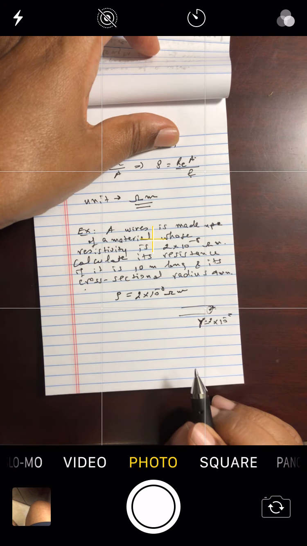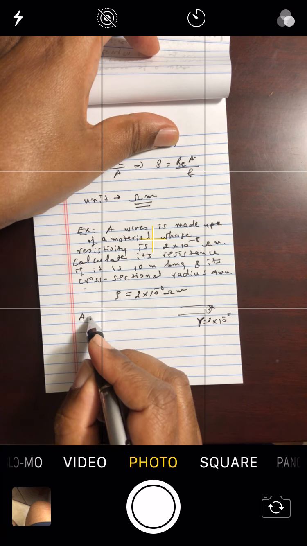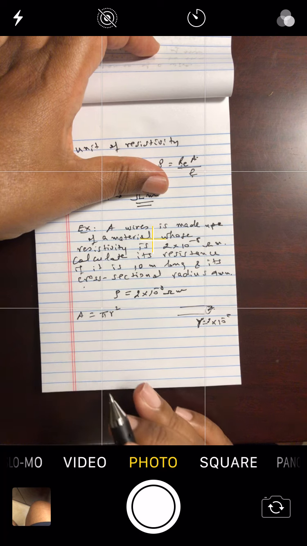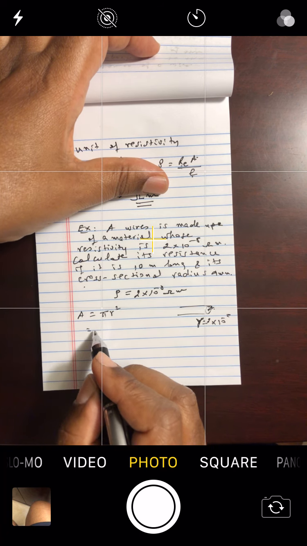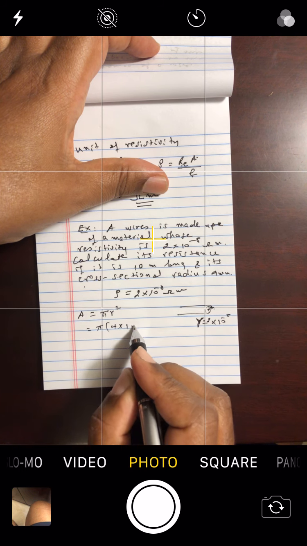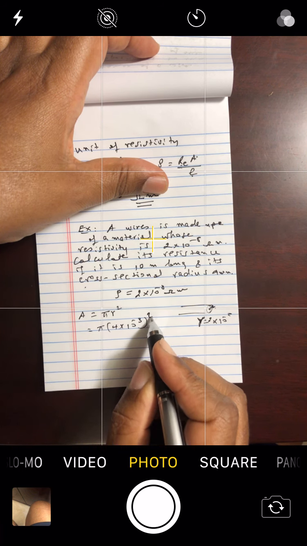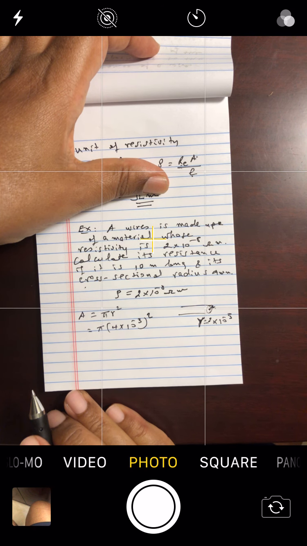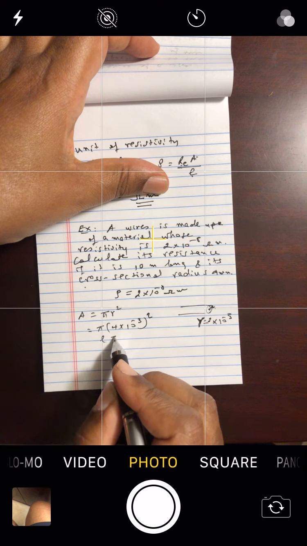So the area is pi times radius squared. It's a circular cross-section, so it is pi times 4 times 10 to the power of -3 squared. All right, and the length we're told is 10 meters.